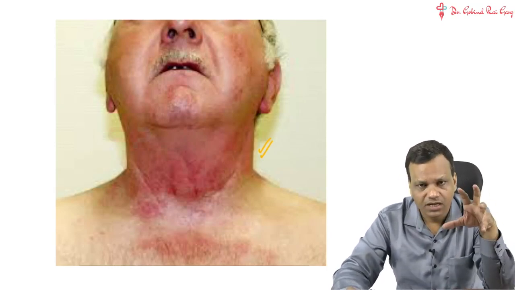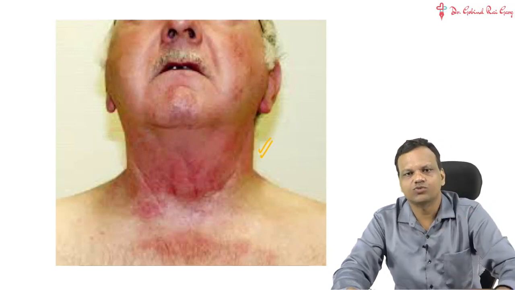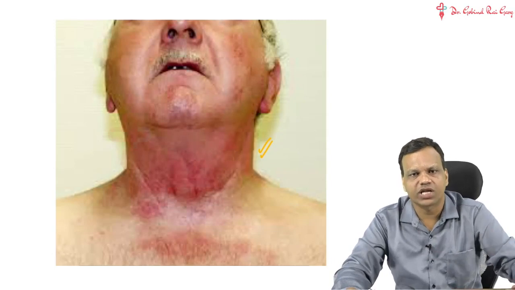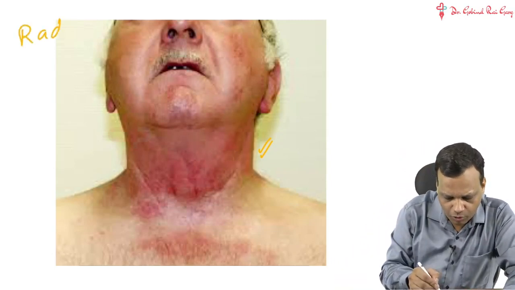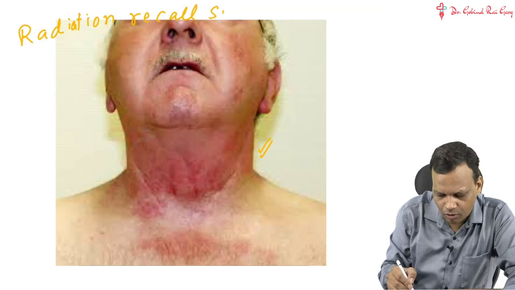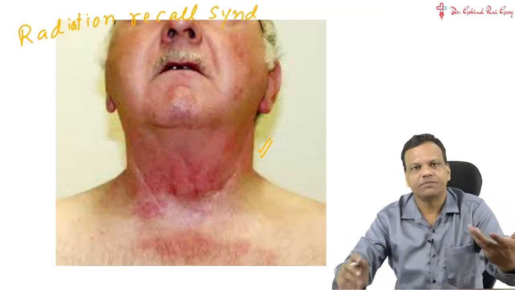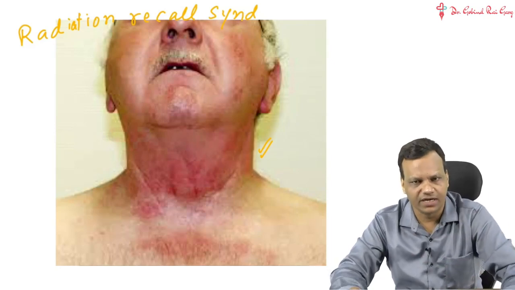So after giving chemotherapy, the reaction has occurred only at those places where earlier the radiotherapy was given. So this is known as radiation recall syndrome. Radiation recall syndrome. So the name tells you that you can recall that this area has been given radiotherapy earlier.